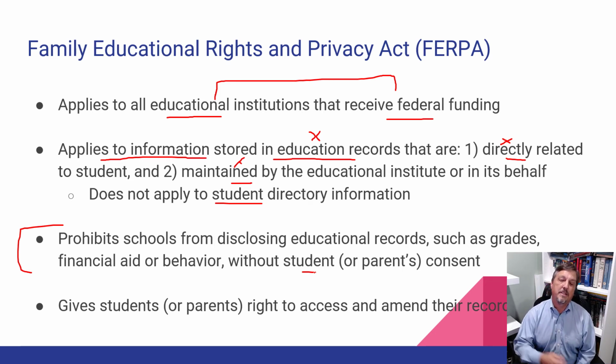But when the child turns 18 and goes off to college, without the child's consent, you as the parent don't have the right to see those records. So part of what you have to negotiate with your child is whether you're going to have that child's consent to see how they're doing in school.